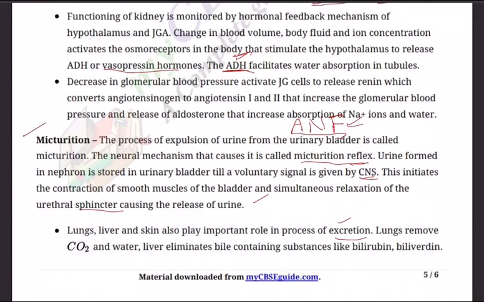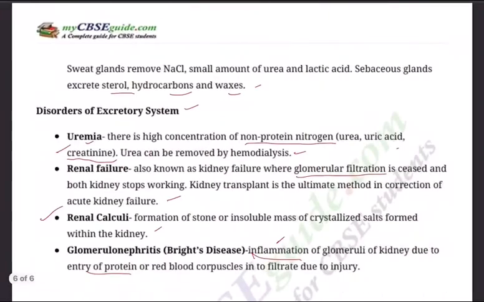Liver eliminates bile containing substances like bilirubin, biliverdin, and sweat glands remove NaCl, a small amount of urea, and lactic acid. Sebaceous glands excrete sterols, hydrocarbons, and waxes. So this is how various organs help us to throw out waste materials or poisonous materials.